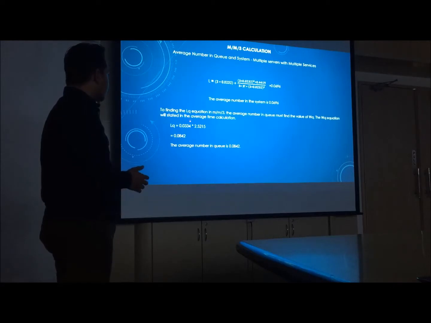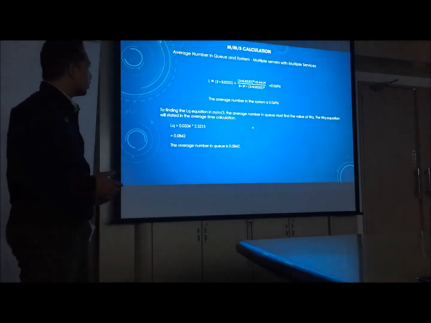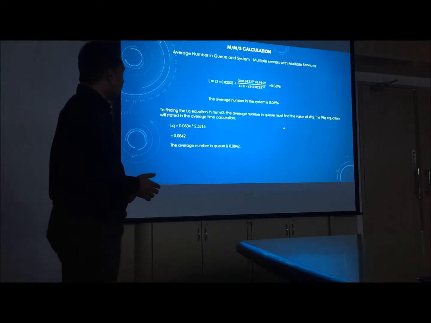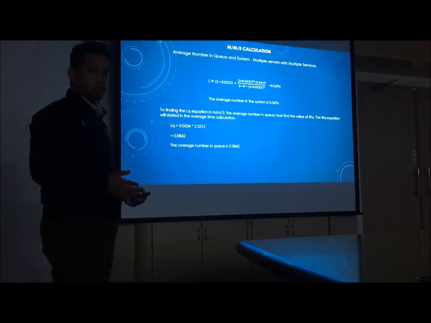Then we will find the LQ equation in M/M/3. The average number in Q must find the value of the time. The WQ equation is stated in the average time calculation.